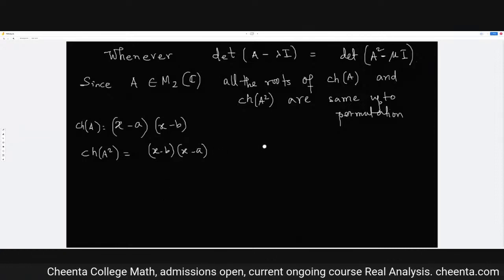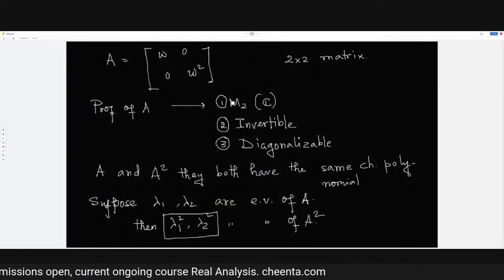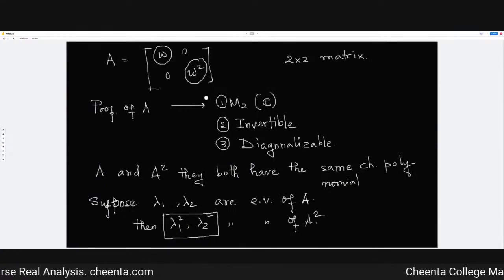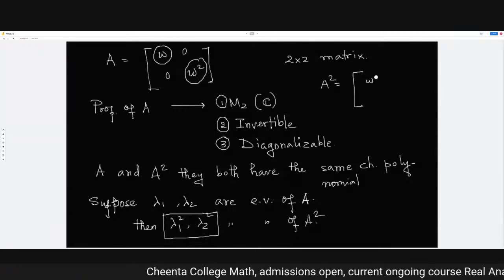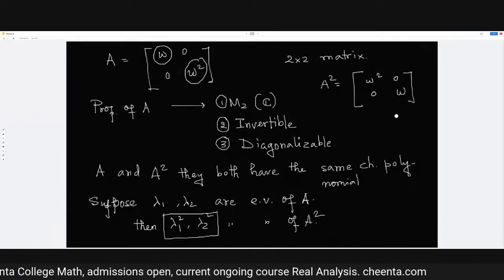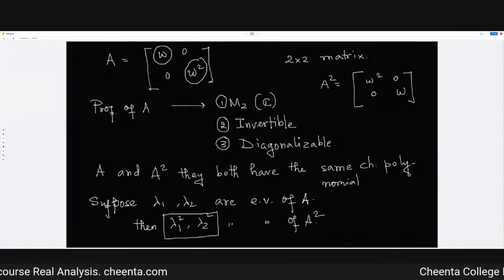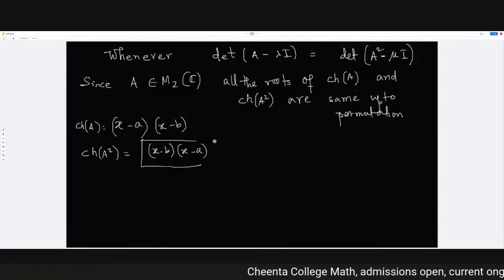Now the moment you get this, if you look at the choice of our elements of A, if you take A square, then A square is nothing but omega square, omega, and hence it has the exact same characteristic polynomial as A, right? This is where up to permutation we are talking about.